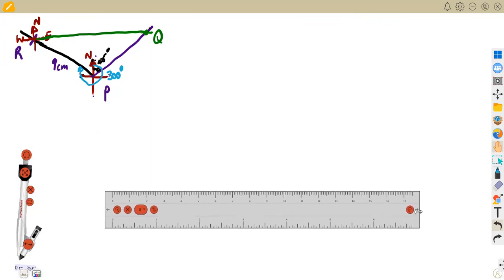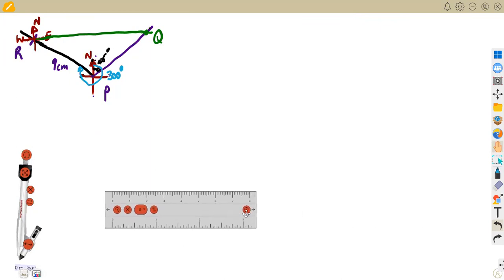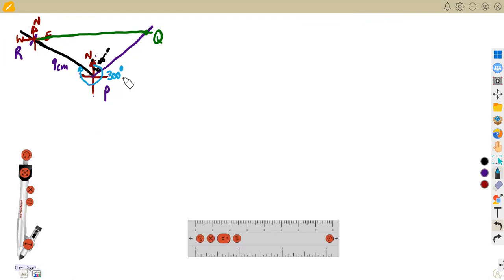The question you are supposed to ask yourself before you start to construct is this: all these constructions, as we saw from the sketch, are referred from the point P. The point P is the one generating all these points, the point R, the point Q, where we are having a North Pole. So how are we going to construct a North Pole?